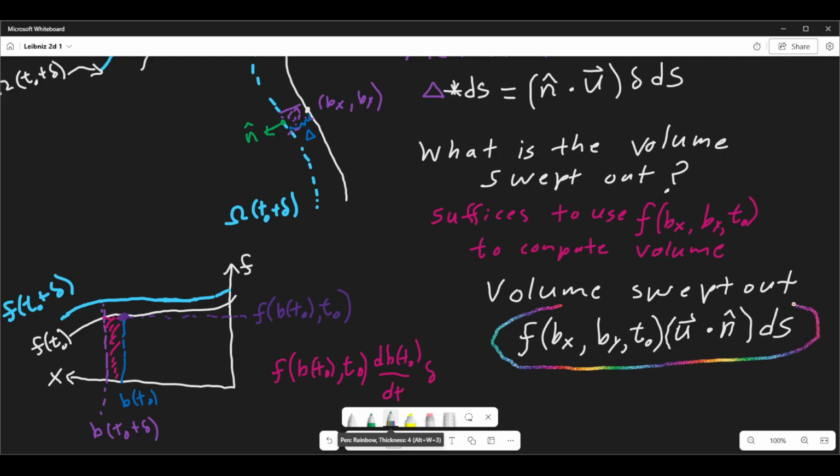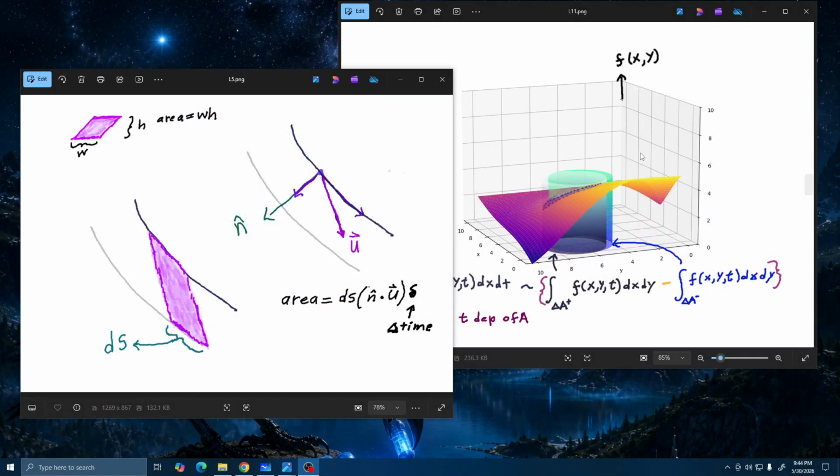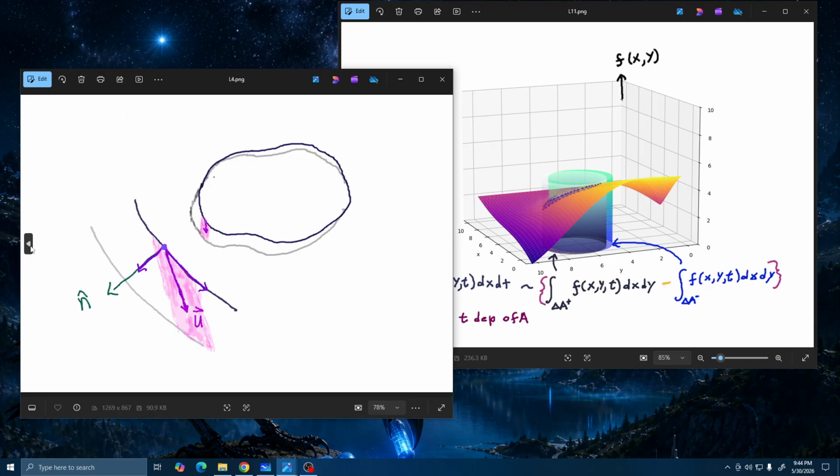So this is the volume swept out of a small area. So one of these little segments around the point, what is it?